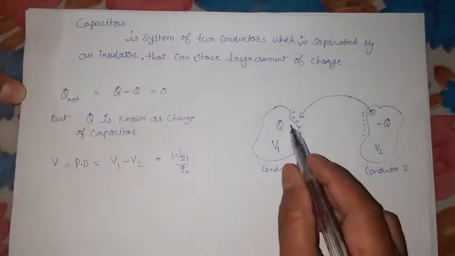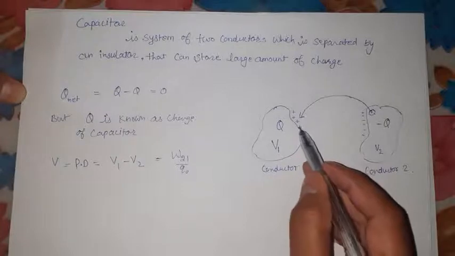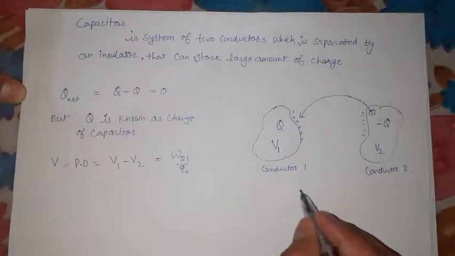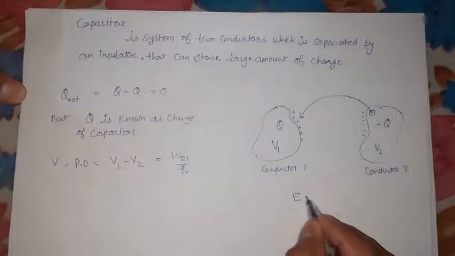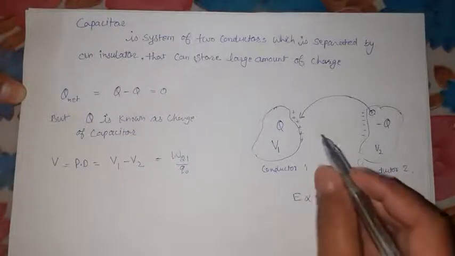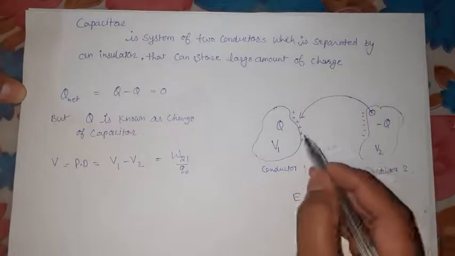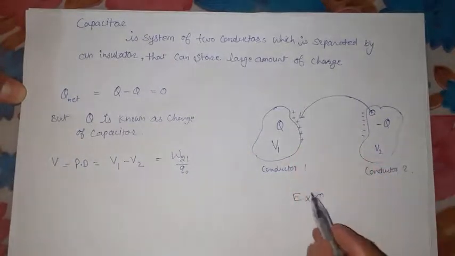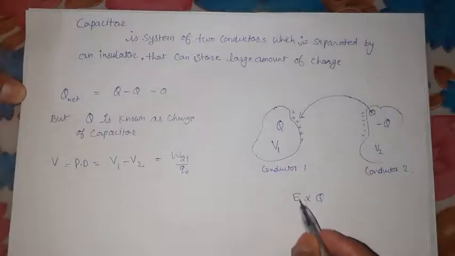Now students, just look over here. As we know from our previous derivations, the electric field is directly proportional to the charge. So the more the charge, the more the electric field between the region of these two conductors.